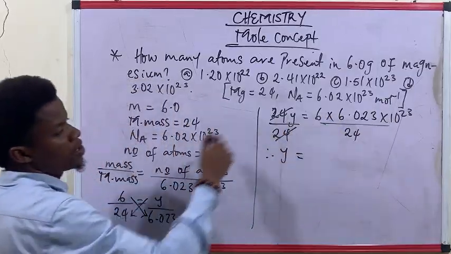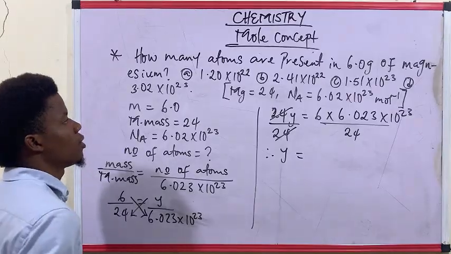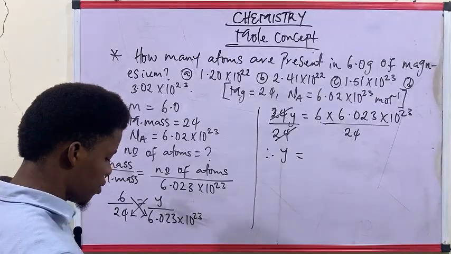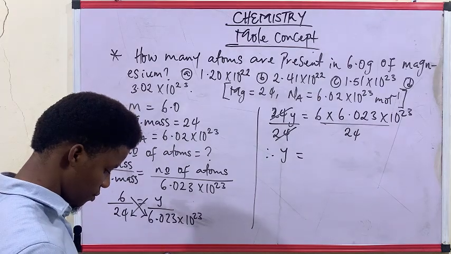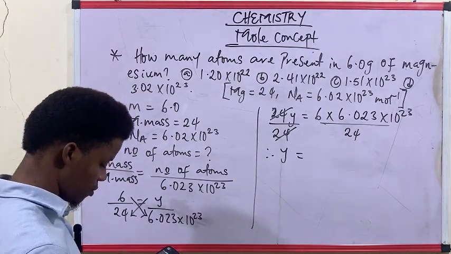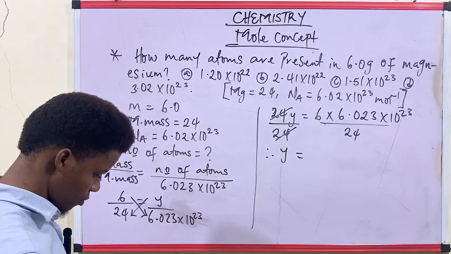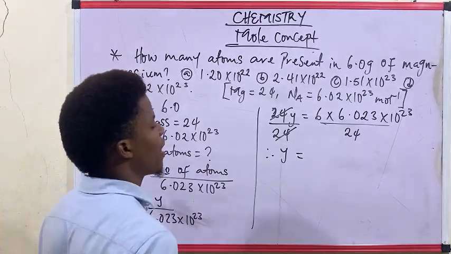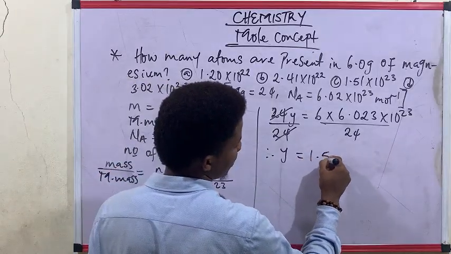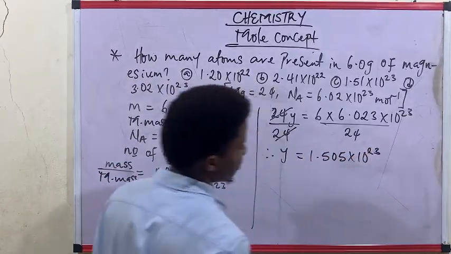6 times 6.023 times 10 raised to the power of 23 divided by 24. And this is what we are going to get: 1.505 times 10 raised to the power of 23.